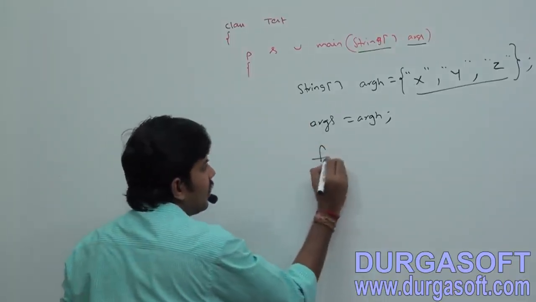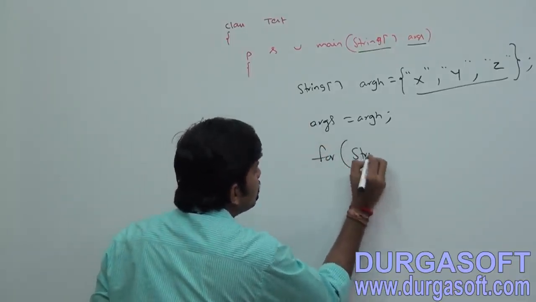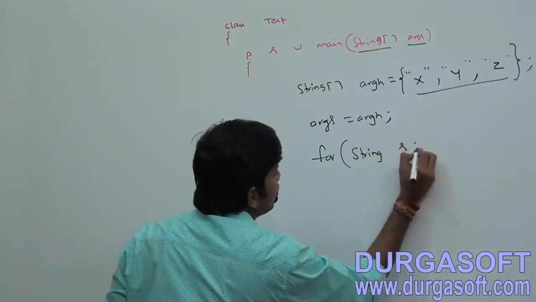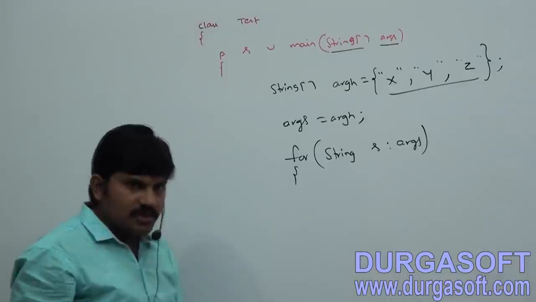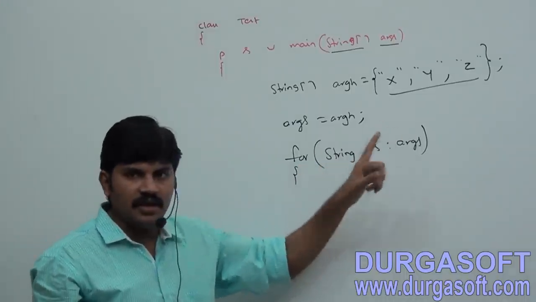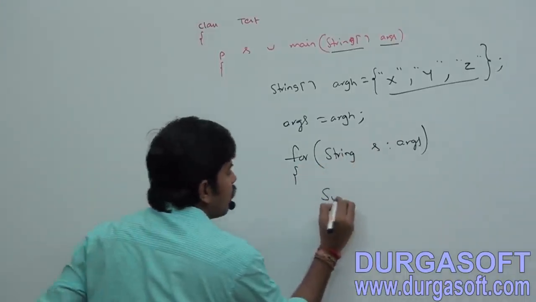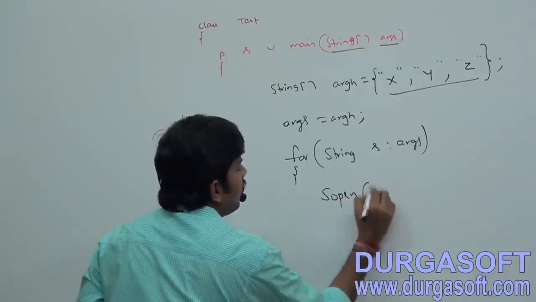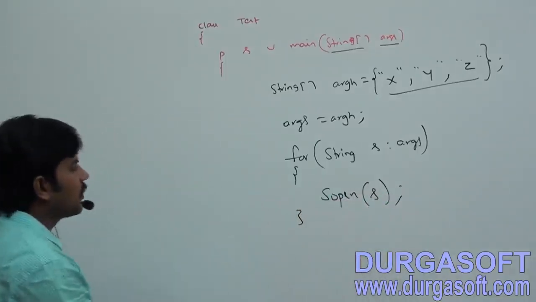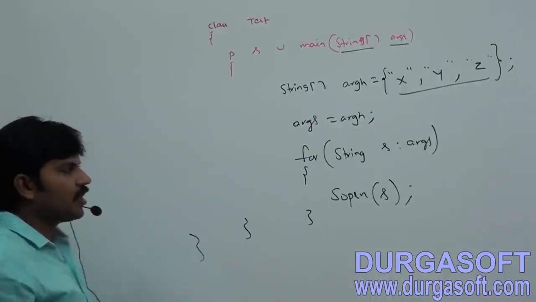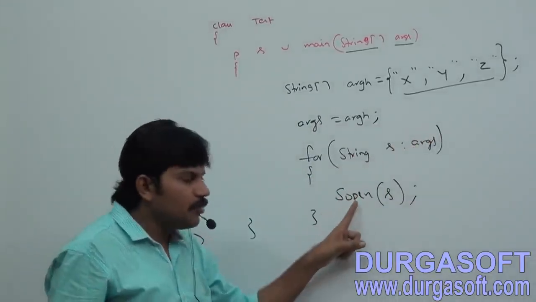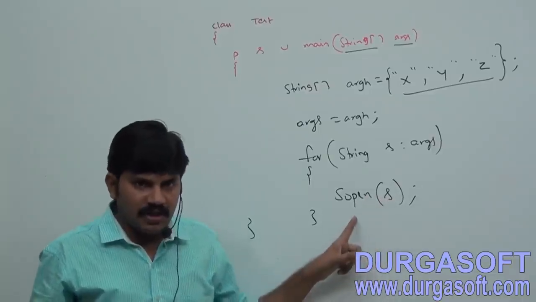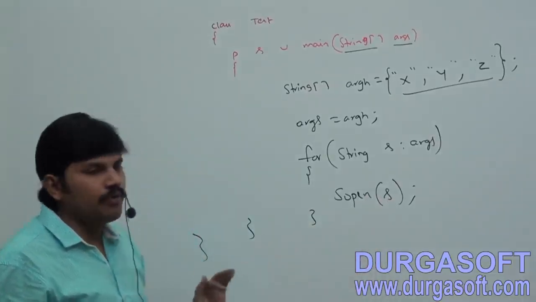Now for each string s in args, System.out.println of s. In the command line argument, for every string s in args, print s. That's my requirement, right? Now how can we do that?